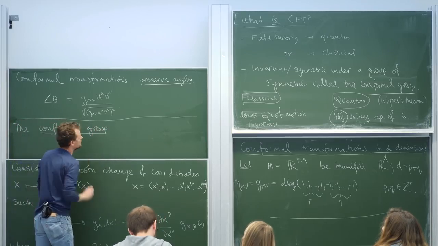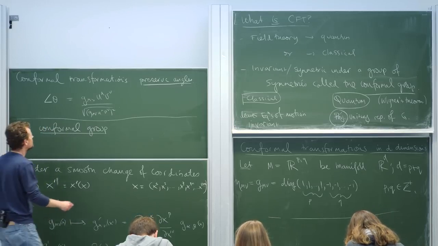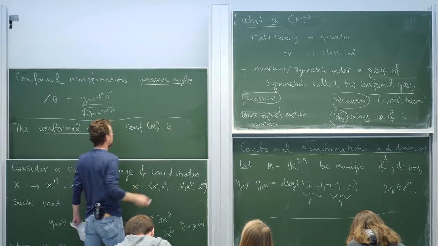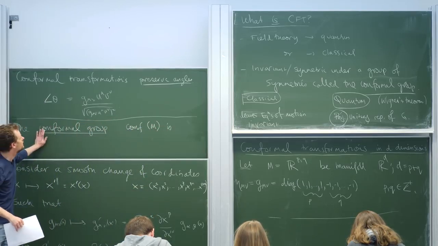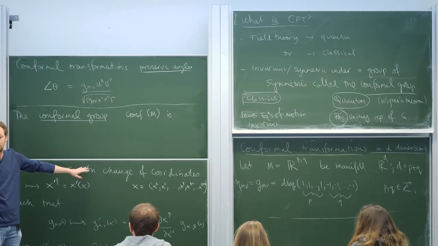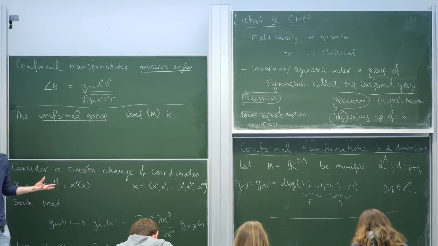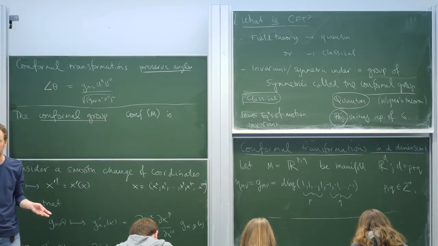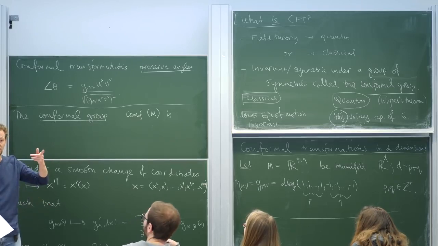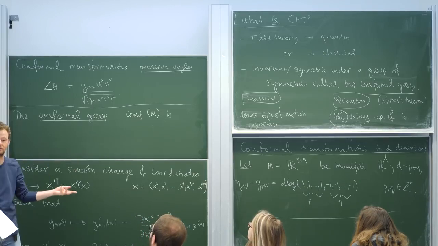So the conformal group, the group that we'll be interested in for the rest of this course, denoted conf M, is, well, intuitively it's just the set of all possible conformal transformations. But it turns out that the set of all conformal transformations isn't connected, in the same way that the Lorentz group isn't connected, because you can do things like invert one coordinate, x goes to minus x, so that's a disconnected component.